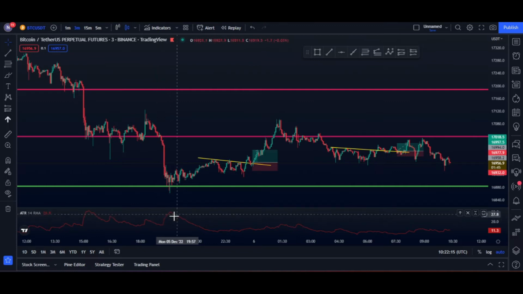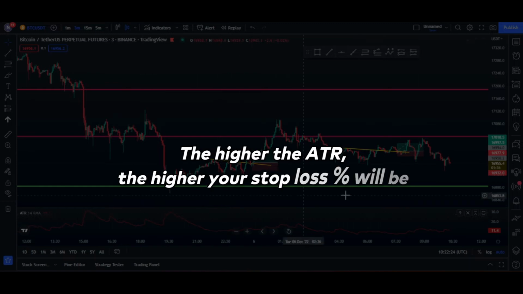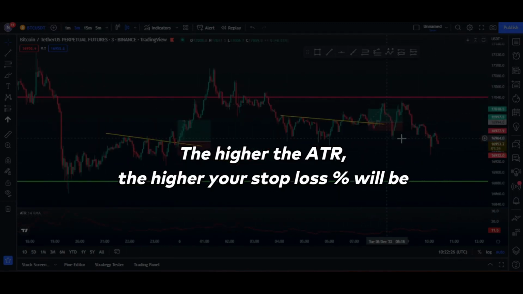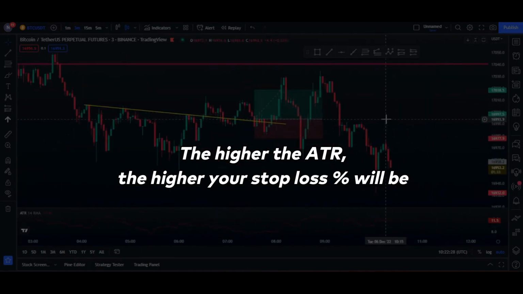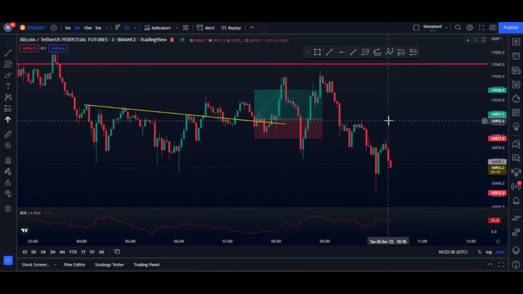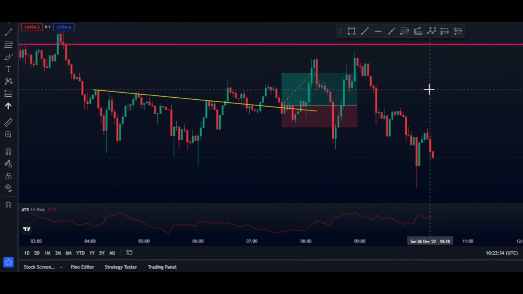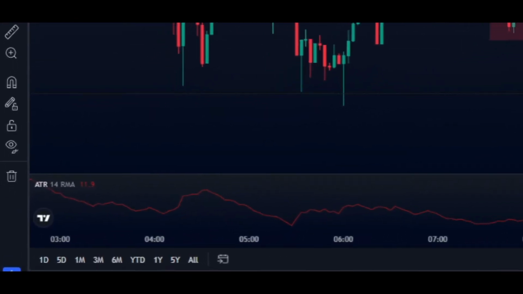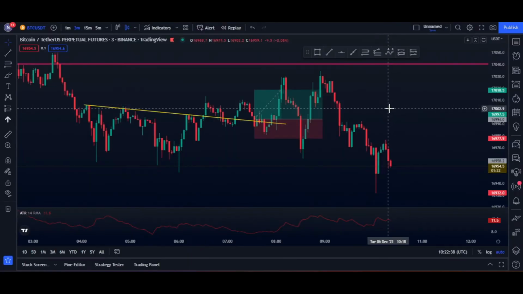The market is moving so fast. There's a lot of volume in the market. As you can see here as well, if I hover my mouse on the previous candle, we have an ATR value of around 11.9 on the lower left. So that is the ATR value that we have for this candle.